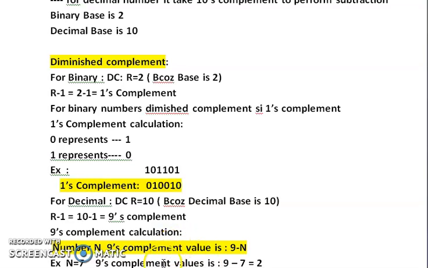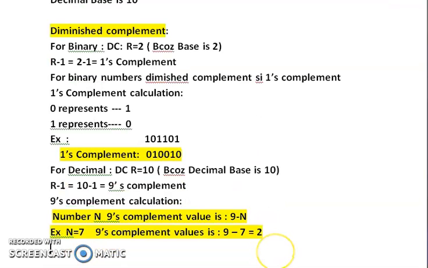So 2 is the 9's complement value of 7. You can calculate it like this. That is called the 9's complement.